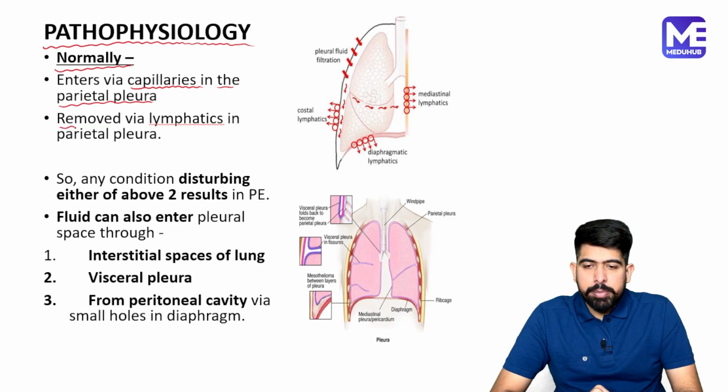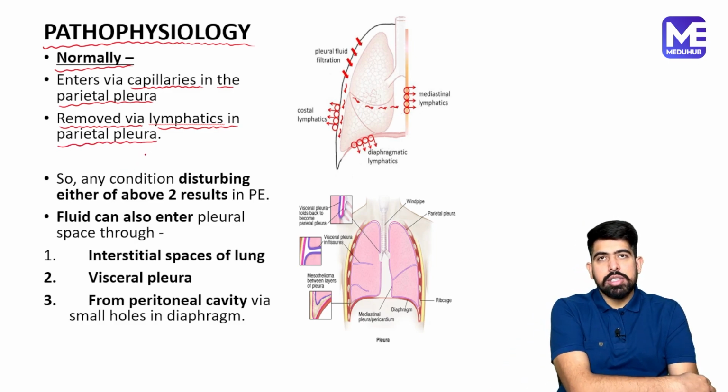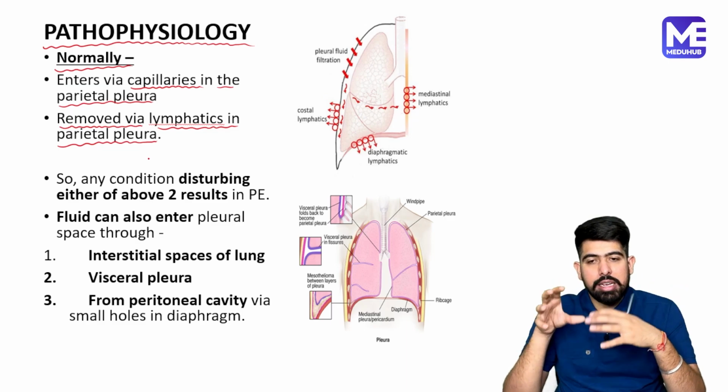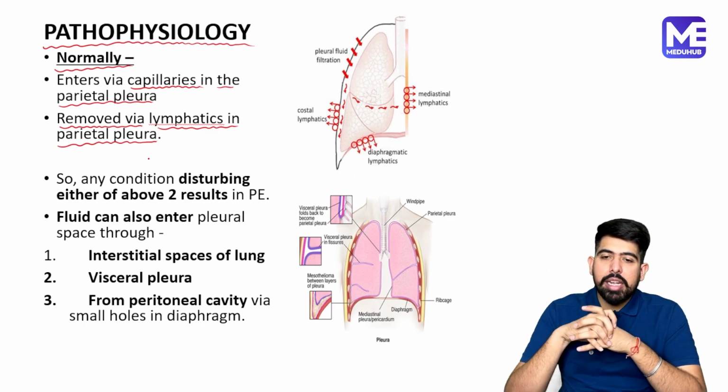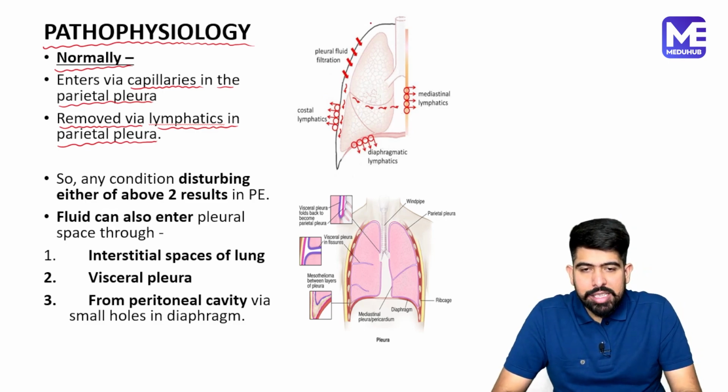And it is removed via lymphatics in the parietal pleura, right? So this is coming from the capillaries of the parietal pleura and removed by the lymphatics in the parietal pleura, right? You can see by this diagram, this is the capillaries, and this is coming from the capillaries of the parietal pleura.